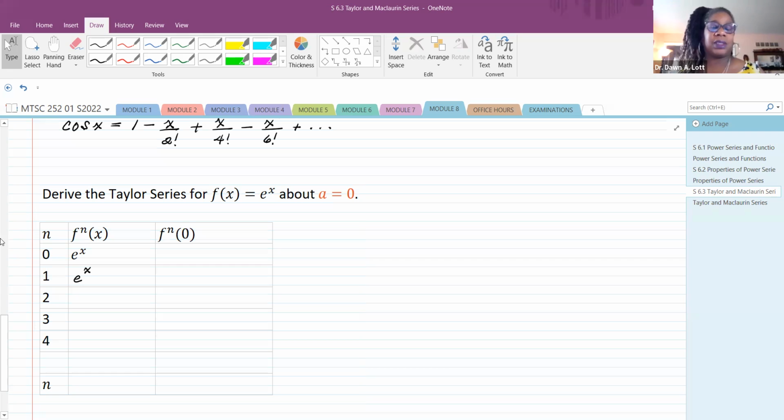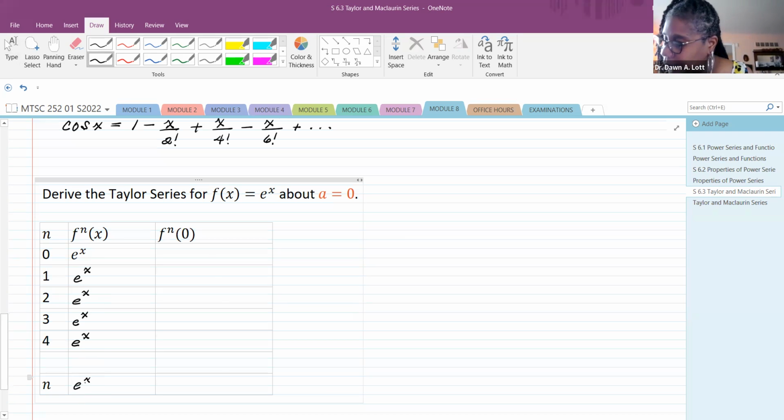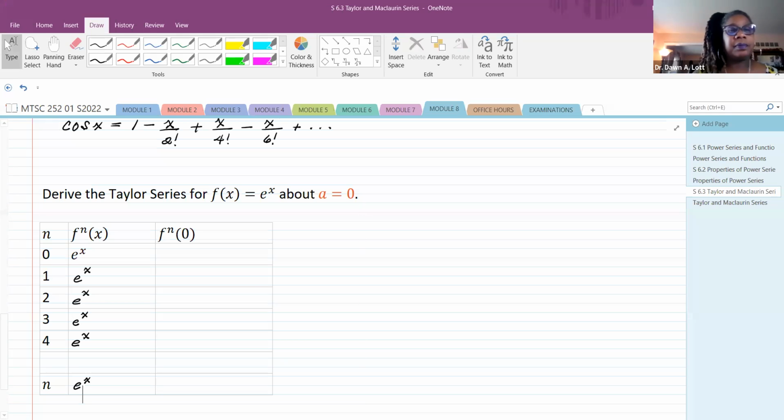I know it's a dumb question. And the third derivative of e to the x. The fourth derivative of e to the x. And if I kept doing this, the nth derivative of e to the x is e to the x.